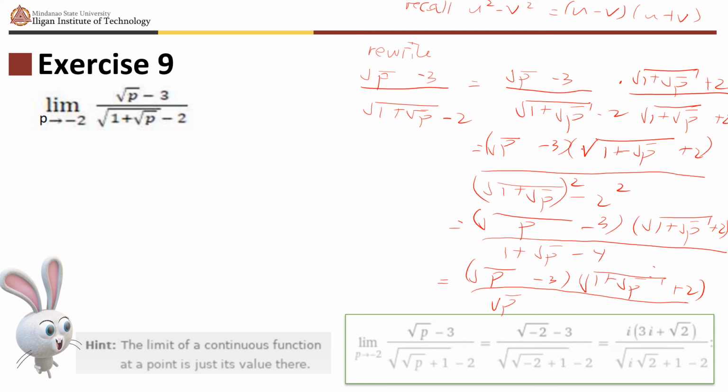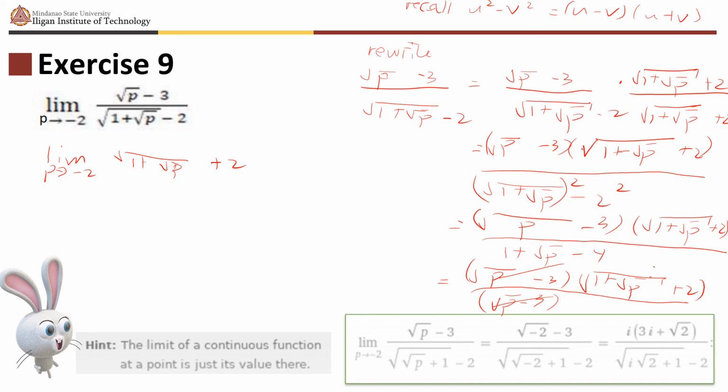And plus 1, so that's minus 3. So again, we can divide this out by this. So what is left there is the limit now of the square root of 1 plus square root of p plus 2 as p approaches -2.